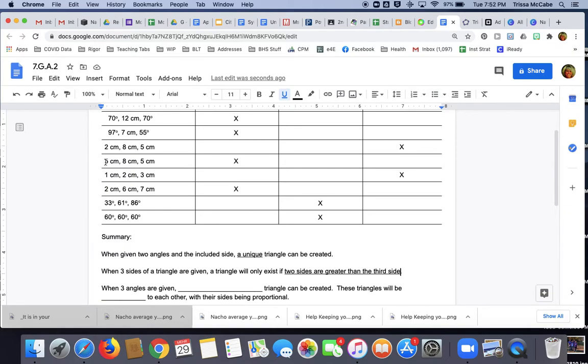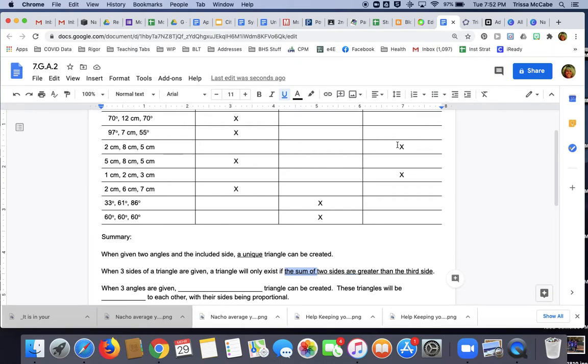Let's look at the final combination. 5 plus 5 is 10, which is greater than 8. Maybe we should put this instead of if, the sum of two sides. I like that better. So if the sum of two sides is greater than the third side, then we will have a triangle.